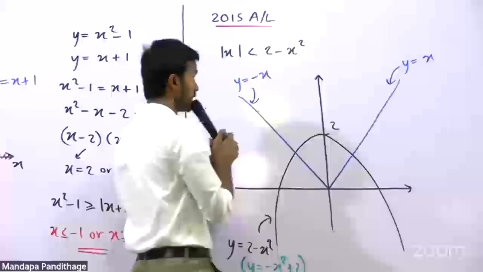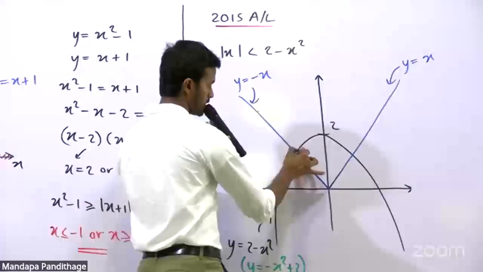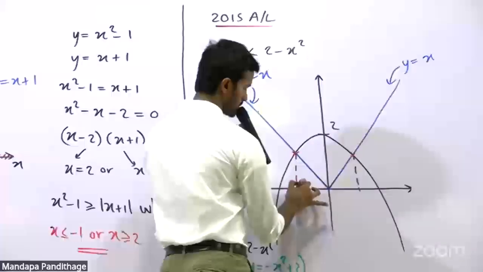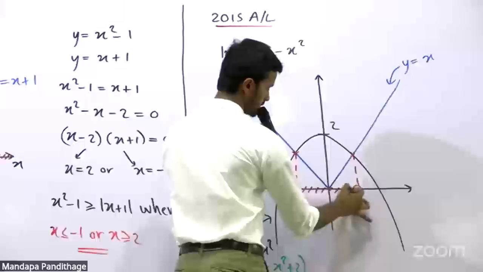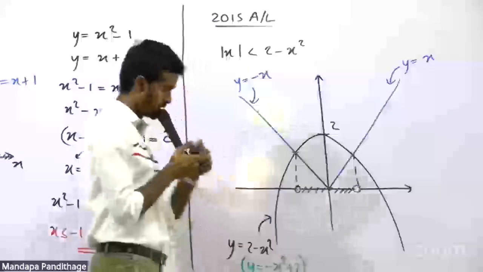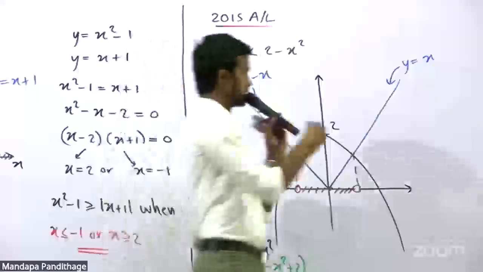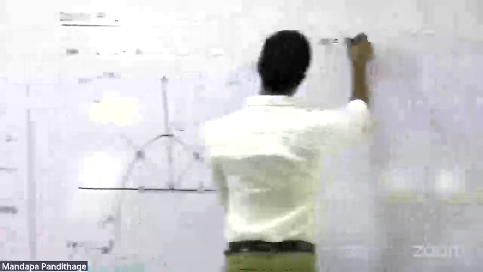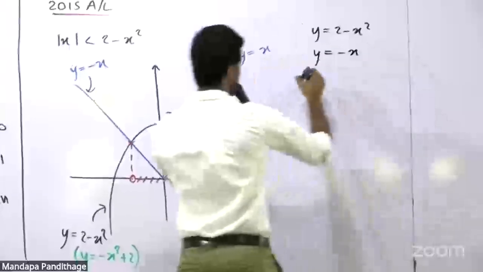So you're supposed to find the inequality such that the quadratic is greater. So the quadratic function is greater in this range. So find these two points of intersection. Inside this range, it's clear that the quadratic is greater. So I'll find this one. Here, what is intersected? y equals 2 minus x squared and y equals minus x.